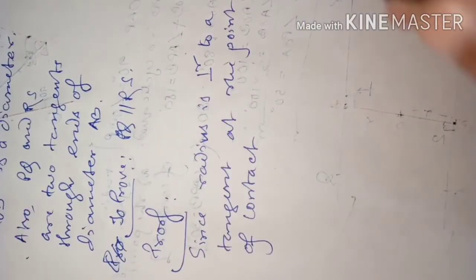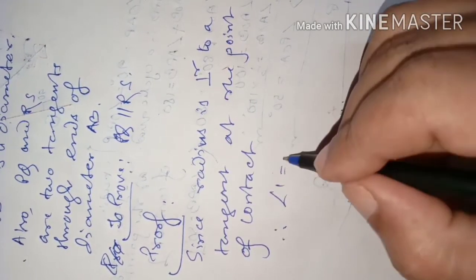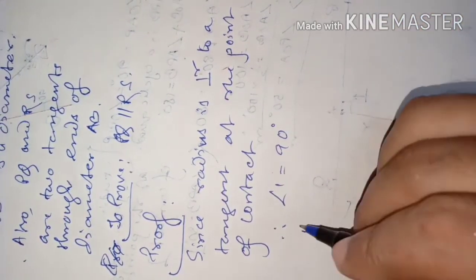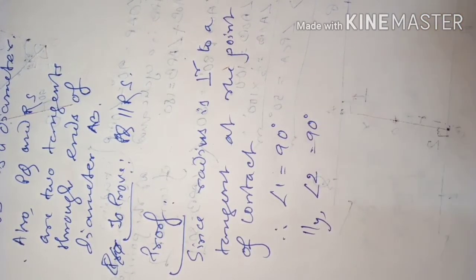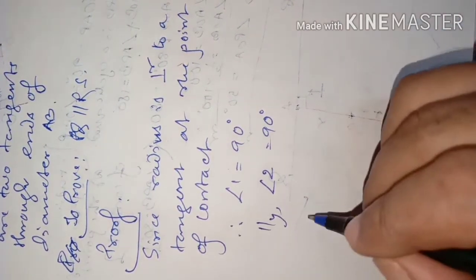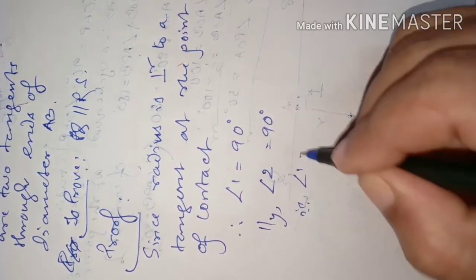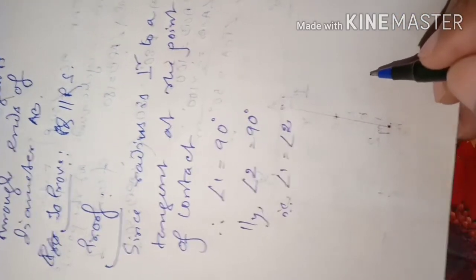Similarly, angle 2 also is equal to 90 degree by that same rule. That is, angle 1 is equal to angle 2.